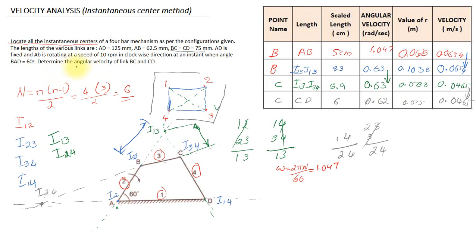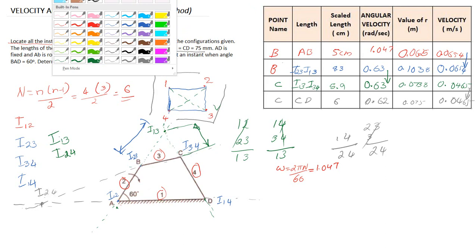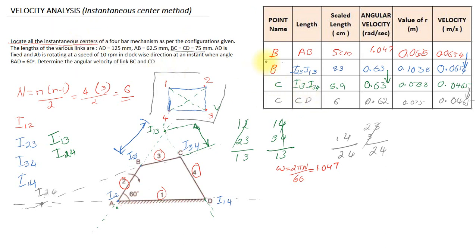From the question, determine the angular velocity of the link BC. So this is actually the link BC, right?